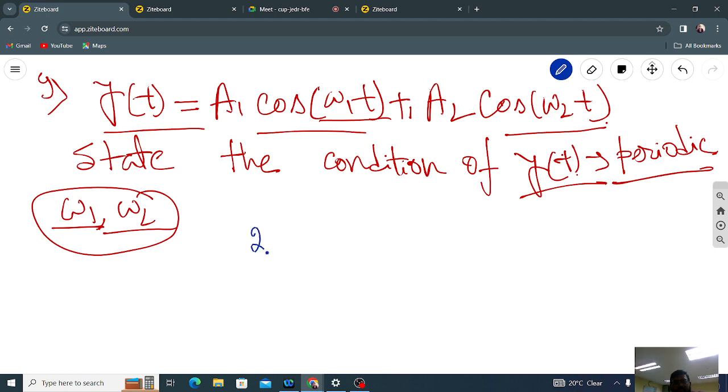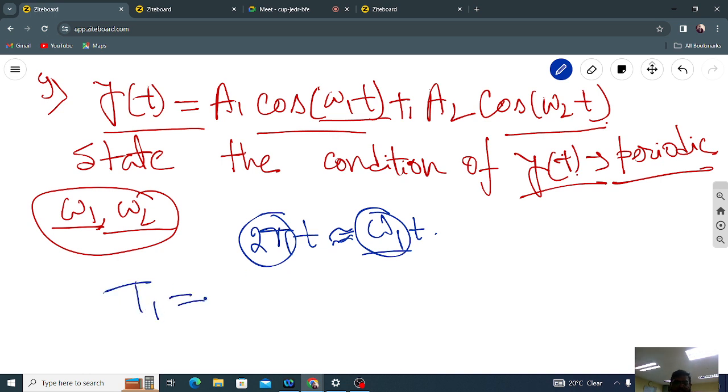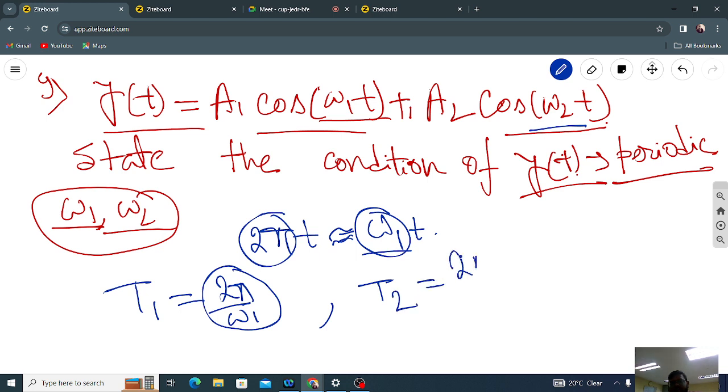First of all, 2 pi is equal to omega 1 t, because this is the time period. These two are equivalent, so the period of the first signal is T1 equals 2 pi by omega 1. Similarly, the second signal is periodic with T2 equals 2 pi by omega 2.